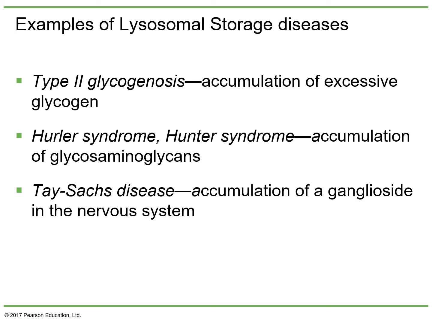Both Hurler and Hunter syndromes arise from defects in the degradation of glycosaminoglycans, which are the major carbohydrate components of the extracellular matrix. The defective enzyme in a patient with Hurler syndrome is alpha-L-iduronidase, which is required for the degradation of the glycosaminoglycans.